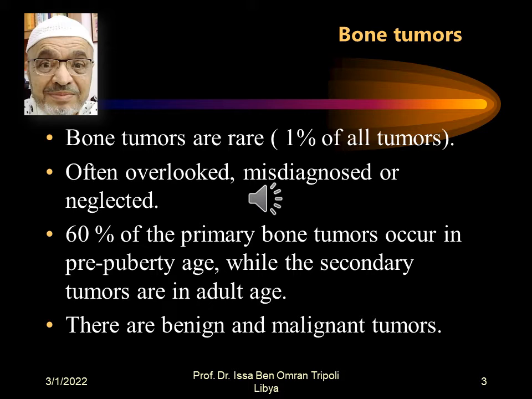They are maybe 1% of all tumors, often overlooked, misdiagnosed, or sometimes neglected. 60% of the primary bone tumors occur in pre-puberty age, while the secondary tumors are in adult age. There are benign and malignant tumors.